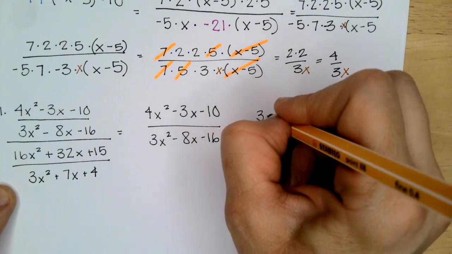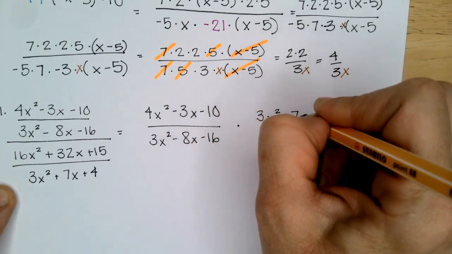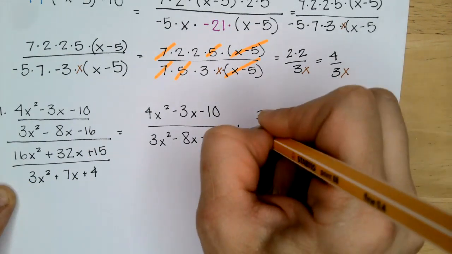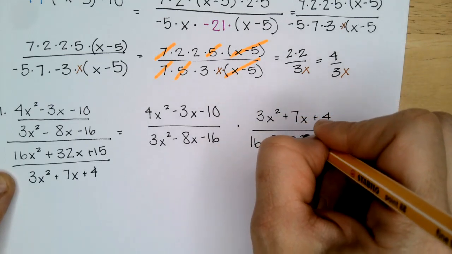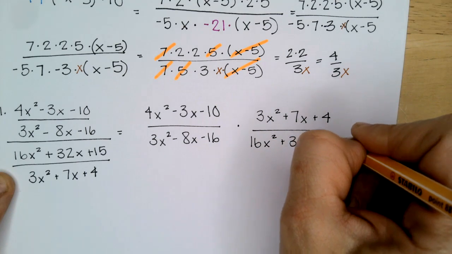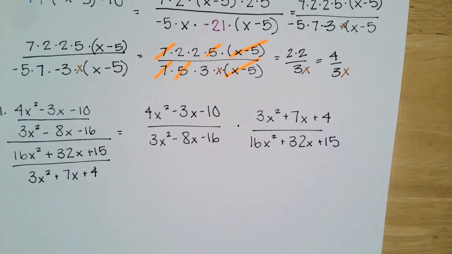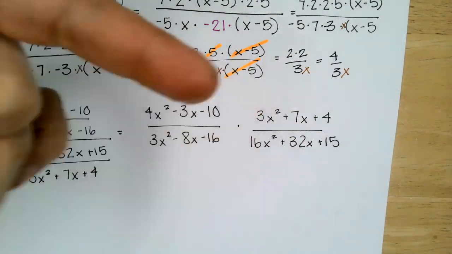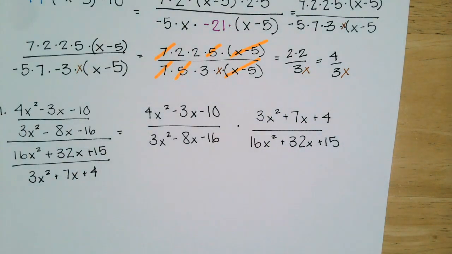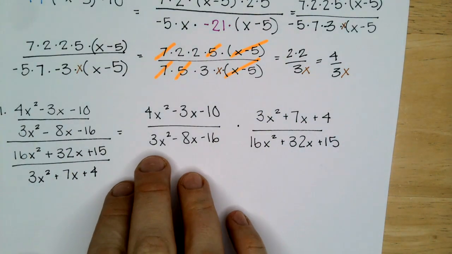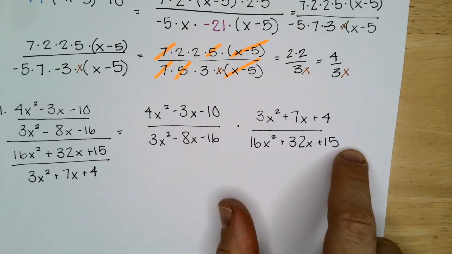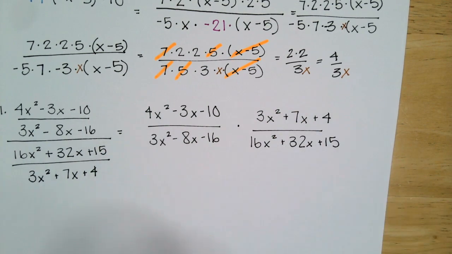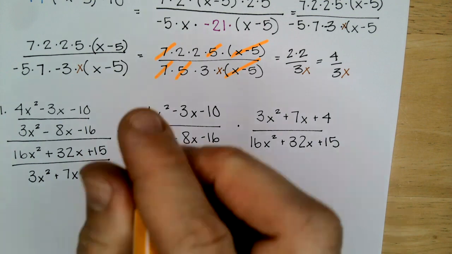So this is now going to be 3x squared plus 7x plus 4 over 16x squared plus 32x plus 15. Good? Flipped those. It's not division anymore. Now it's multiplication. Now you're just going to try to factor each of these trinomials. Make sure you can't divide them by anything, but factor each of these trinomials into two binomials.